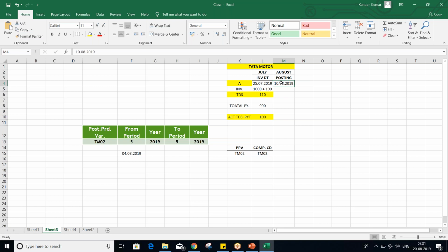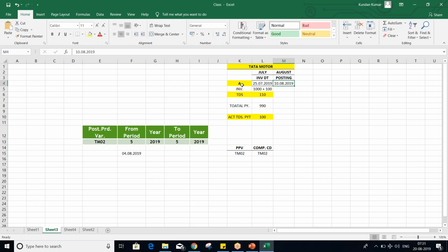But at the time of posting the transaction in SAP, there will be certain fields with options: document date and posting date. We'll explain the logic behind document date and posting date when we reach the topic called terms of payment or payment terms. Right now, just assume posting date, in the sense whenever the transactions are going to be posted.